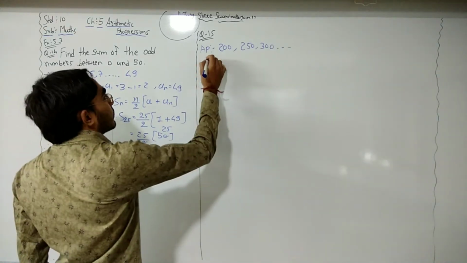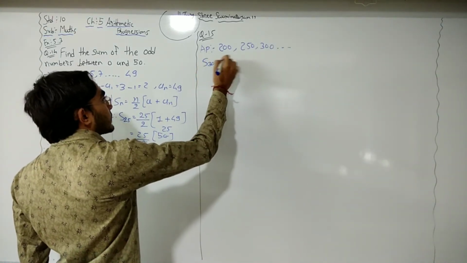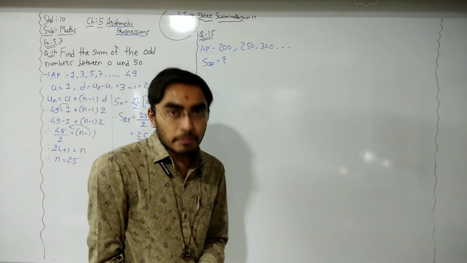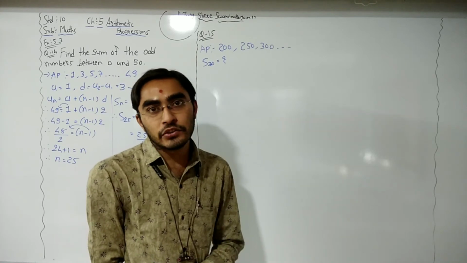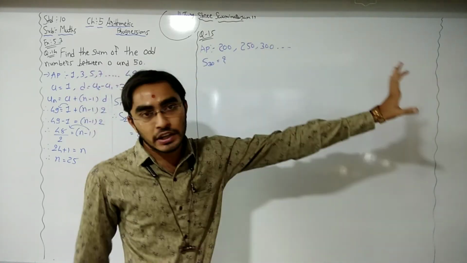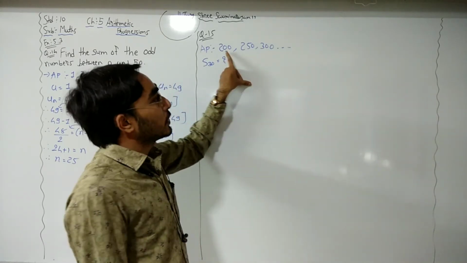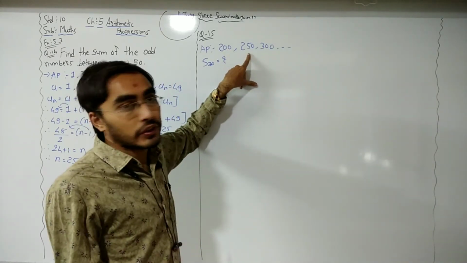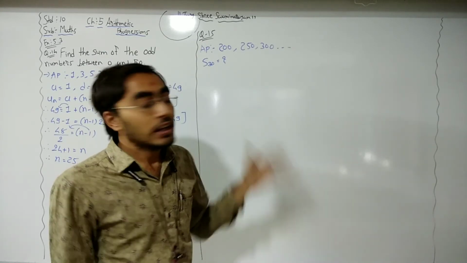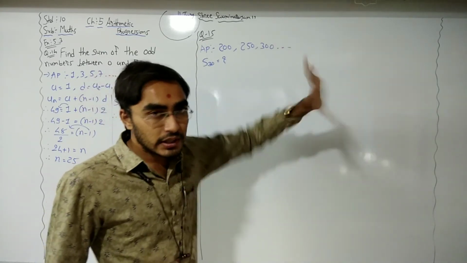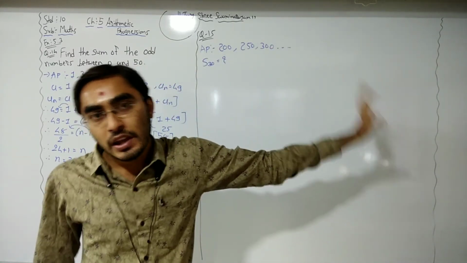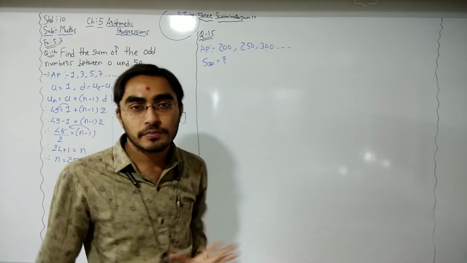That means we need to find S30. Why? Because if he delays for the 30 days, then he needs to pay for all the 30 days. That means we need to find the addition.